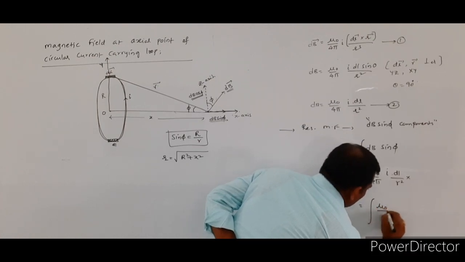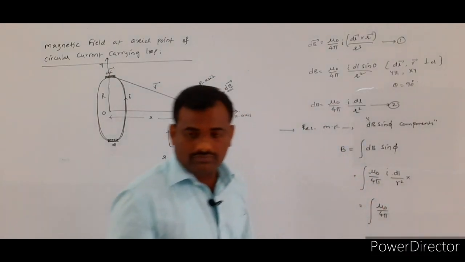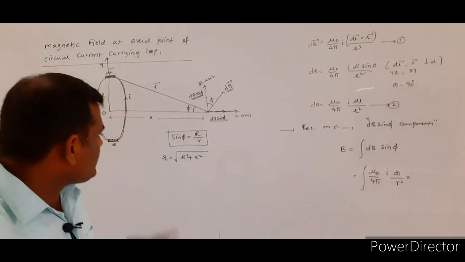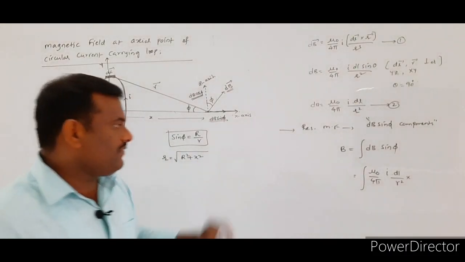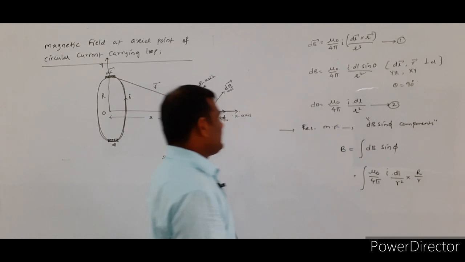Now substitute the sin phi value in this equation. Sin phi value is equal to capital R by small r.